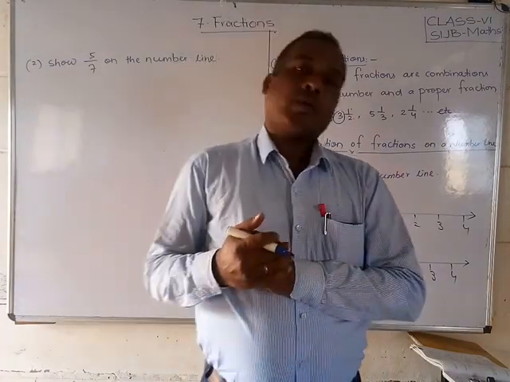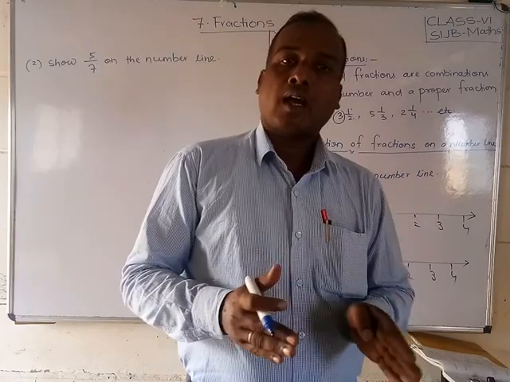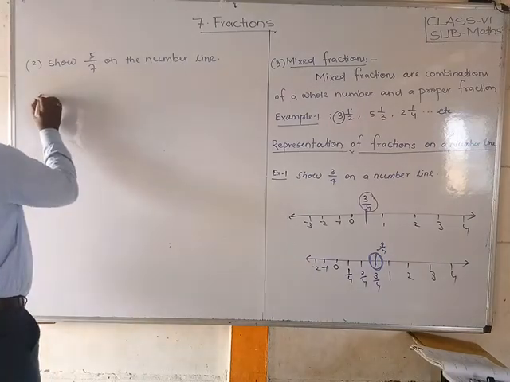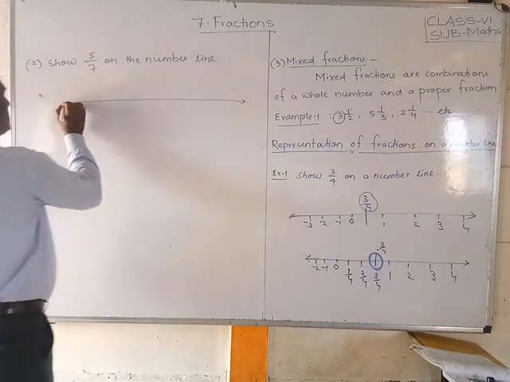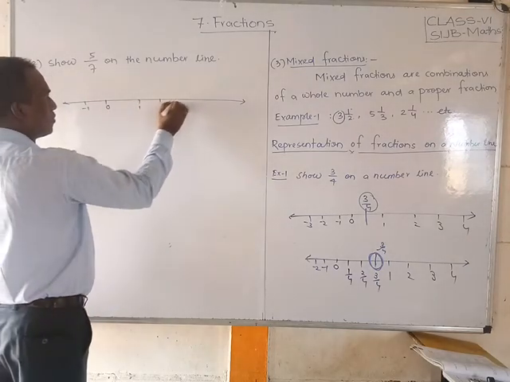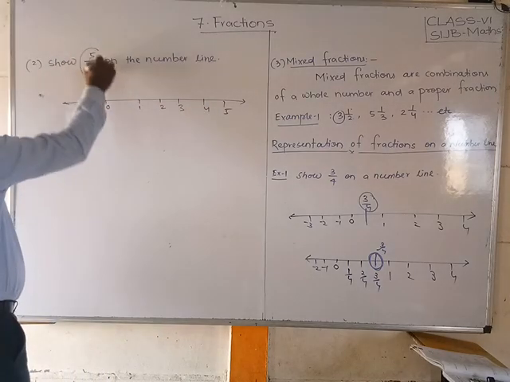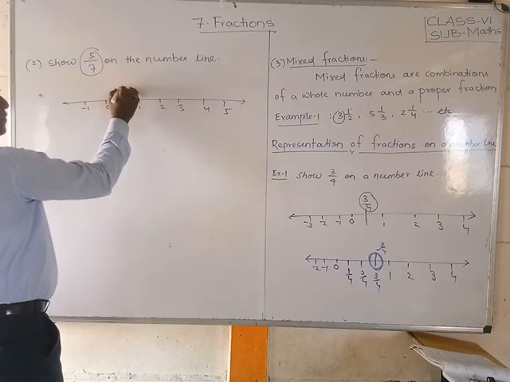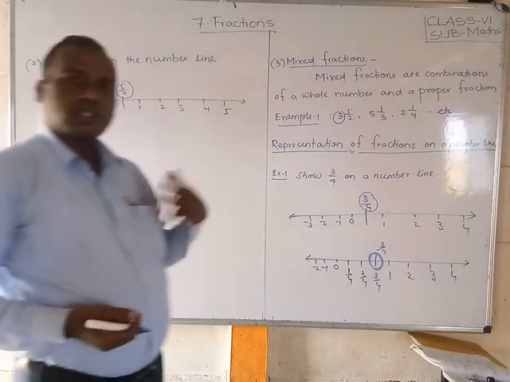This is a proper fraction, so this number will lie between 0 and 1. You can draw like this: 0, -1, 1, 2, 3, 4, 5. It will lie between 0 and 1. You can show it like this.